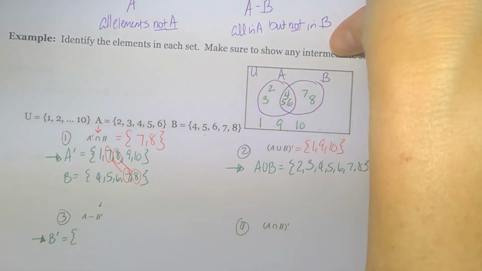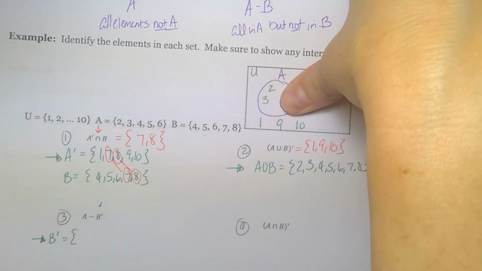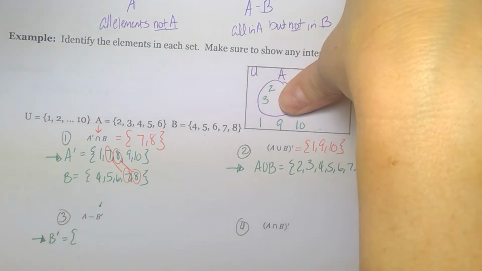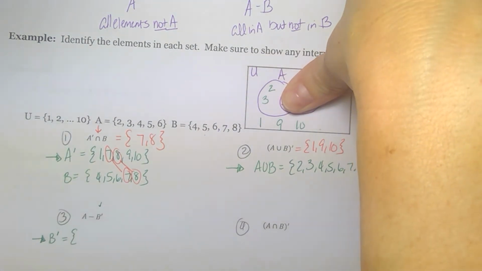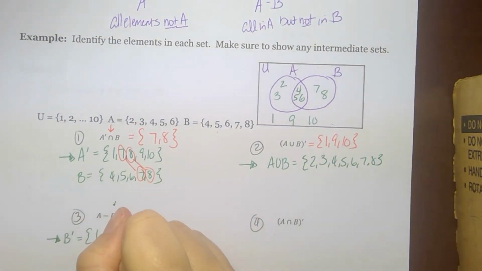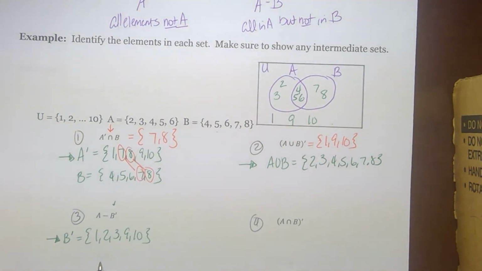So let's look at our Venn diagram. Cover up your B loop. Those 5 elements that are not B are the ones I want to include in my complement of B. So I have 1, 2, 3, 9, 10 as not B. Now, I'm doing A minus this, so I can copy A down if I want, or I can just look back up.